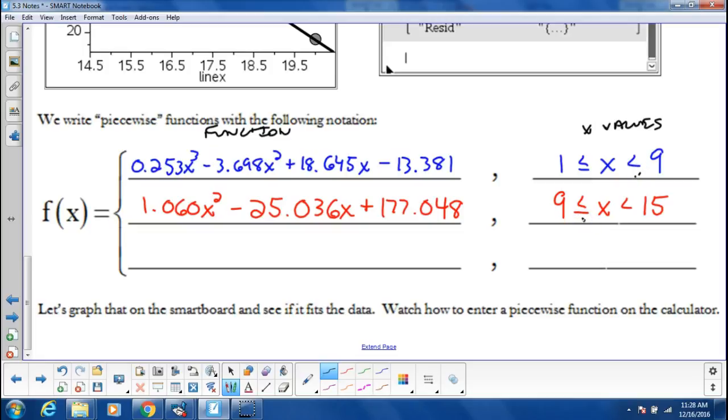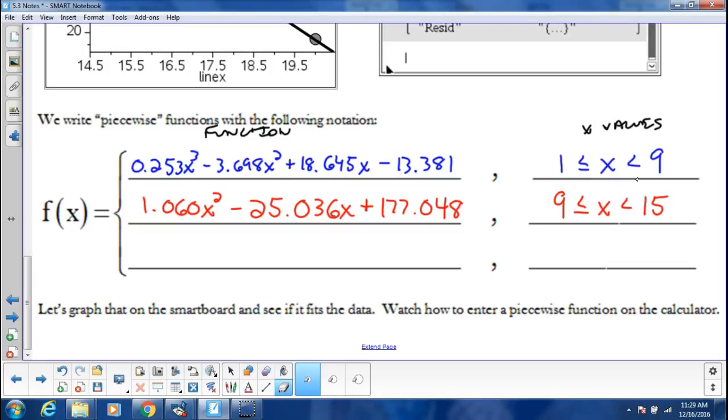Okay? I can't be equal to 9 in both. I can only be equal in one spot because it has to define which function I go on at 9. So I cannot be greater or less than or equal to 9 in both cases. One of them has to be just a less than or a greater than.